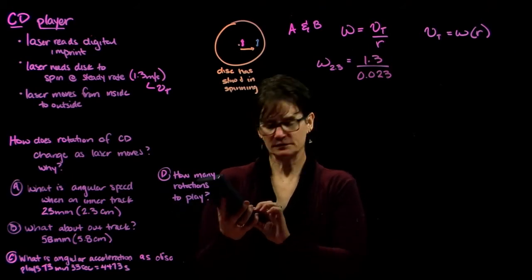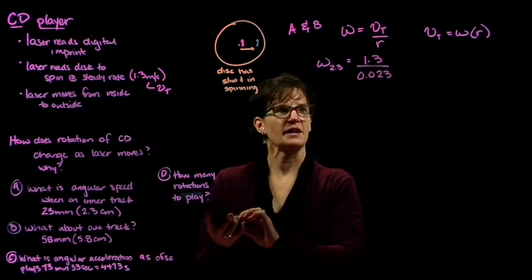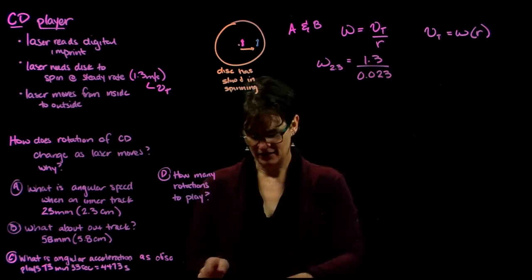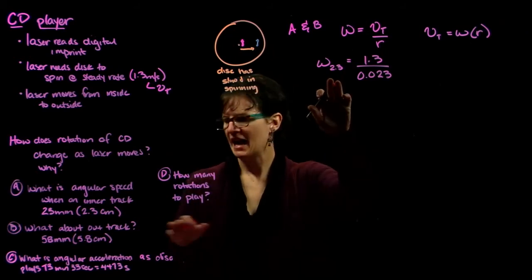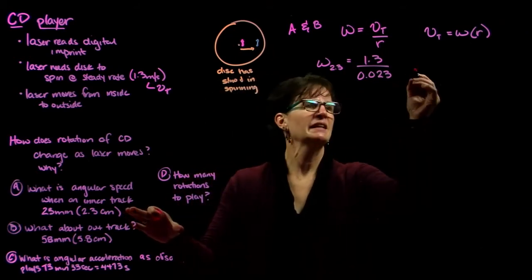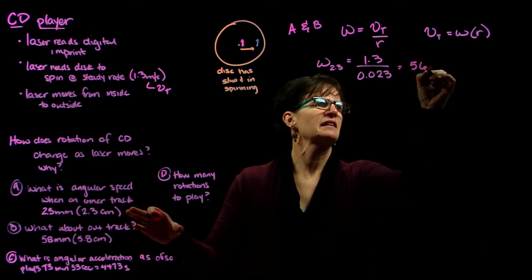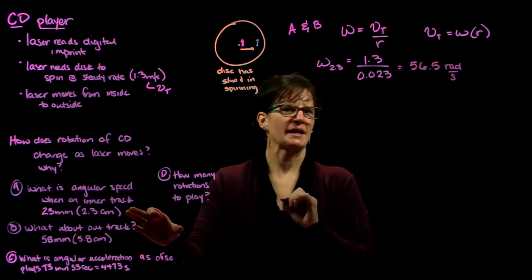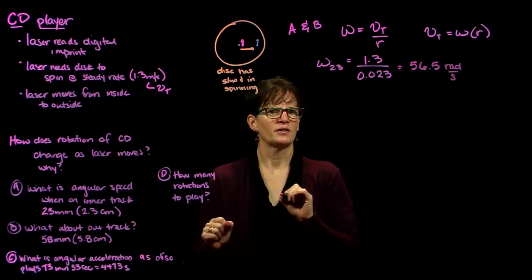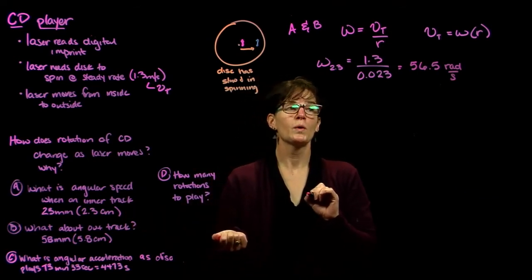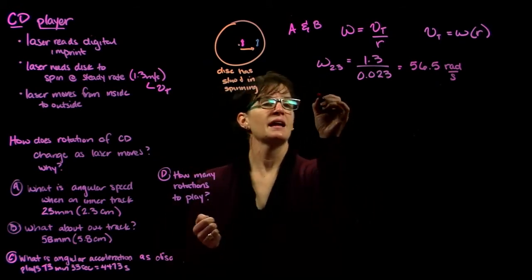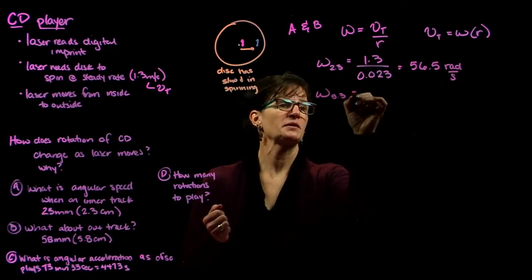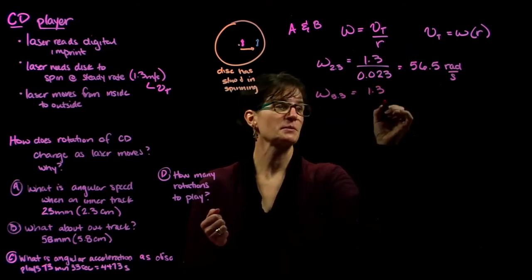So 1.3 divided by 0.023, and I have my angular speed at 2.3 centimeters is equal to 56.5 radians per second. All right, so what is my angular speed at 5.8 centimeters? Well, I still need to be going 1.3 meters per second.